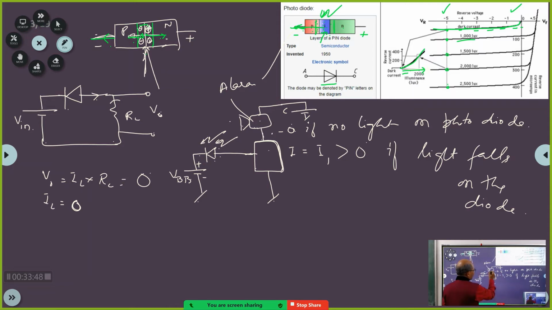This alarm is a device. If current flows through this alarm, then you will get sound. If no current flows through the alarm, no sound. Got it? So that means now here I is equal to 0 if no light is falling on this. The moment light falls on this, the alarm becomes on, and then the hooter becomes on.